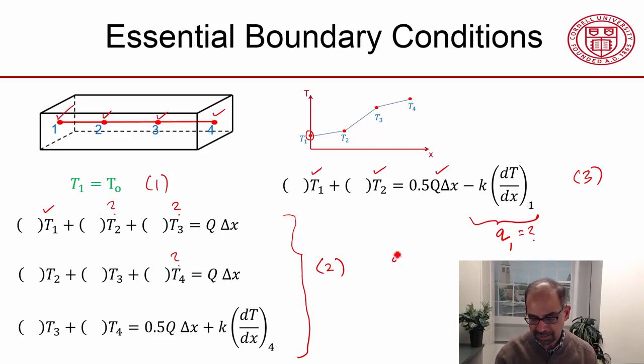And if I take Q1 and multiply it by the area, that's the amount of heat flow leaving or entering through the left boundary. And I can do a check on the solution, whether the solution satisfies the heat balance or energy balance.